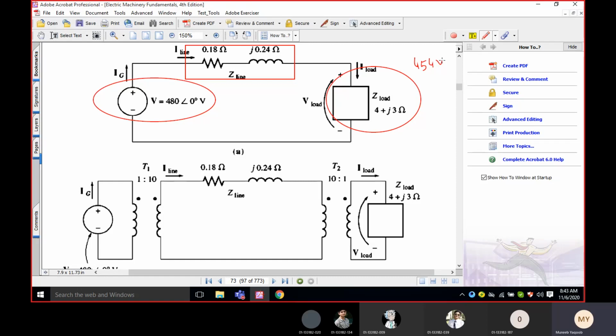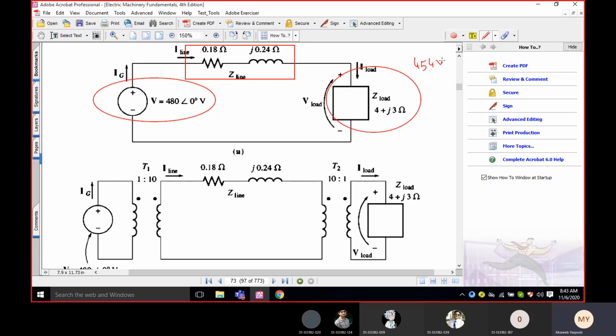So in a part, what they want you to realize is that if we do not use a transformer, number one, we will face low voltage problem in our electrical power system. Now, what is the second disadvantage of this scheme?